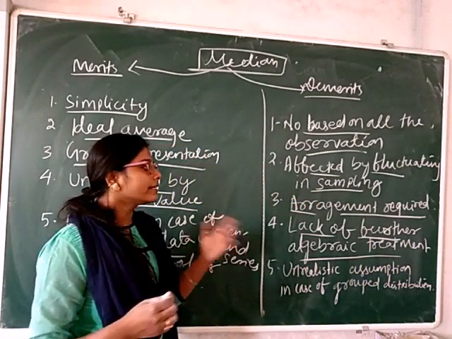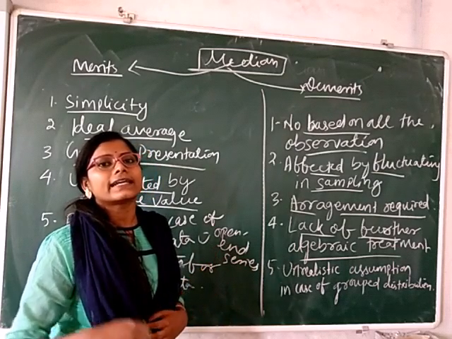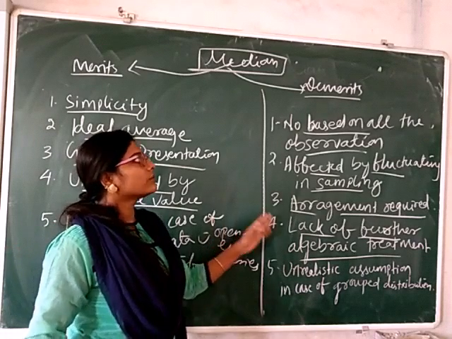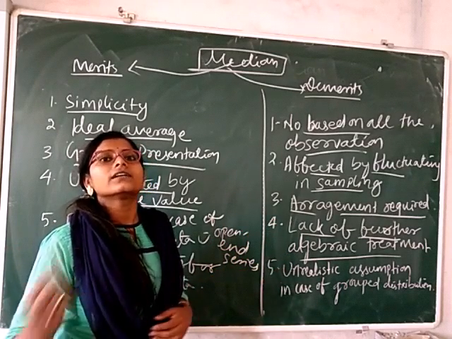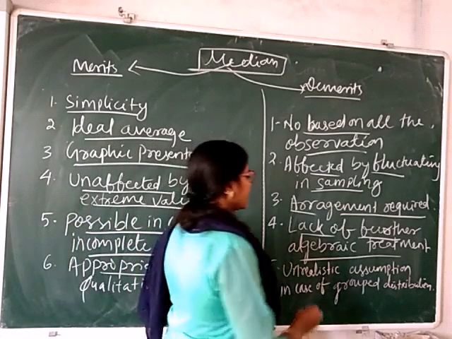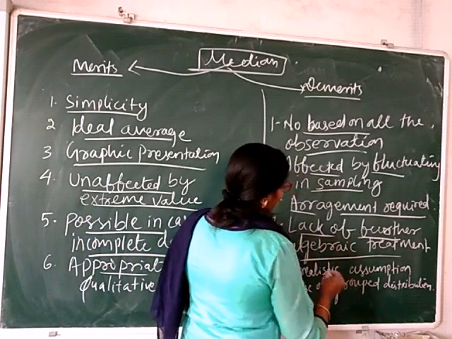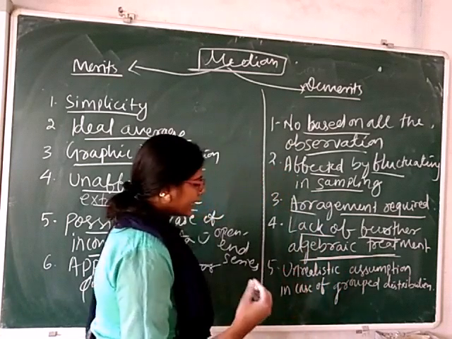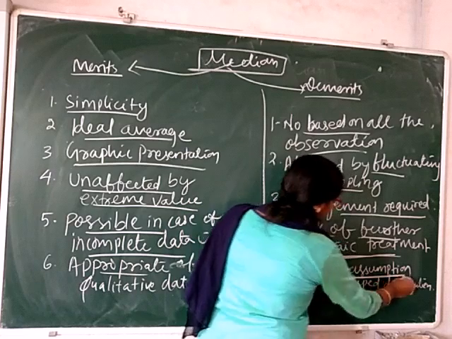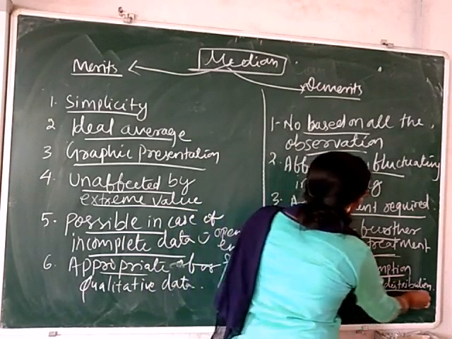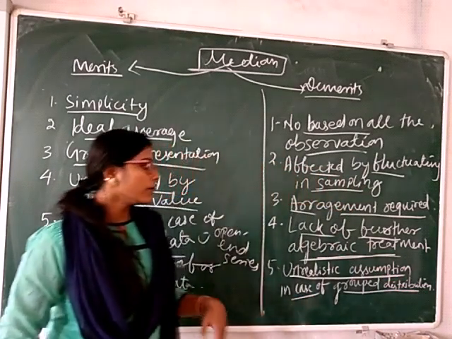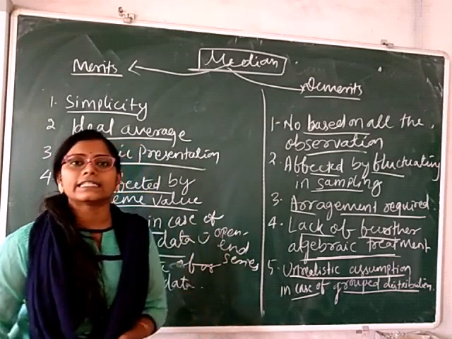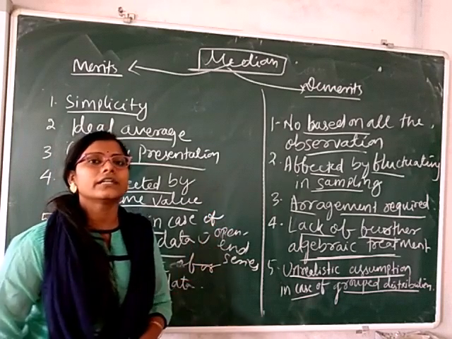We cannot calculate like we calculate mean and combined mean, but in the case of the median we cannot calculate a combined median. The last is unrealistic assumptions in the case of group distribution. When we calculate the median in a group distribution, we follow some unrealistic assumptions. So this is related to the demerits.